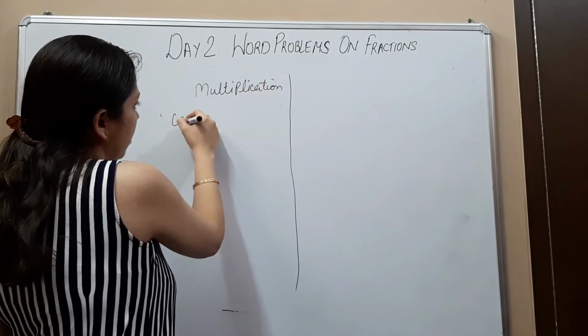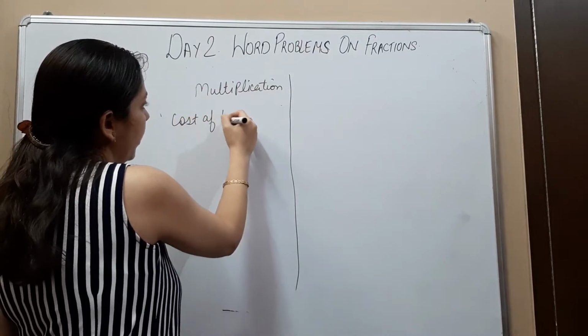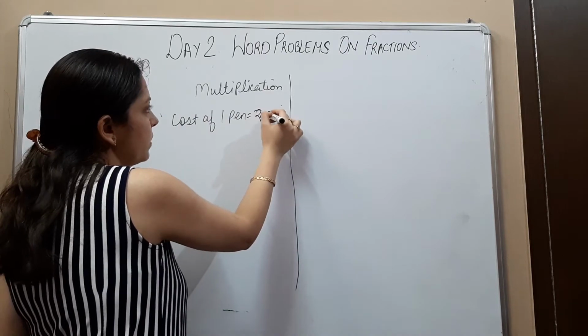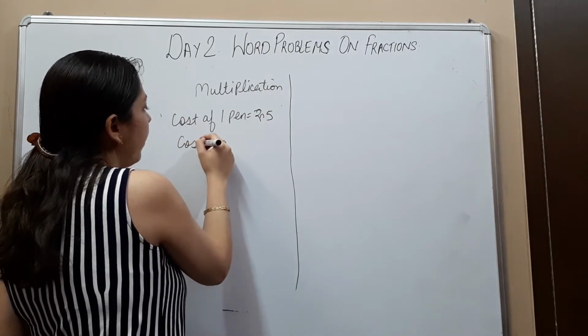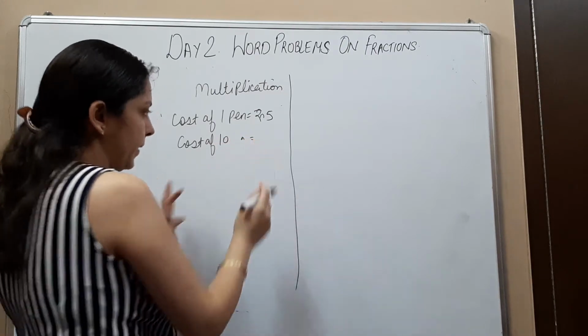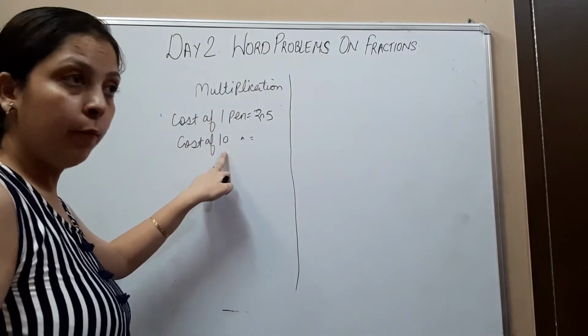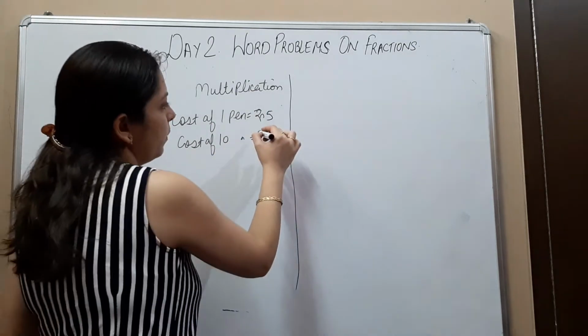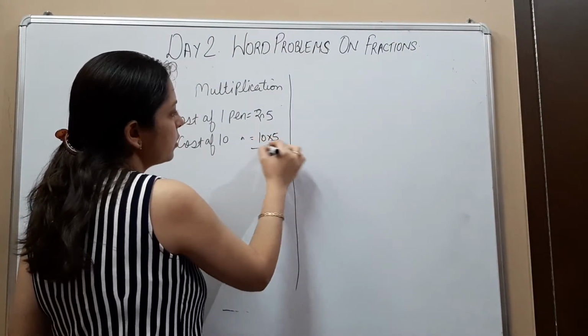Like, suppose the cost of 1 pen given is rupees 5, and you have to find the cost of more pens. Then in that case you will multiply it, because obviously more pens will cost more.